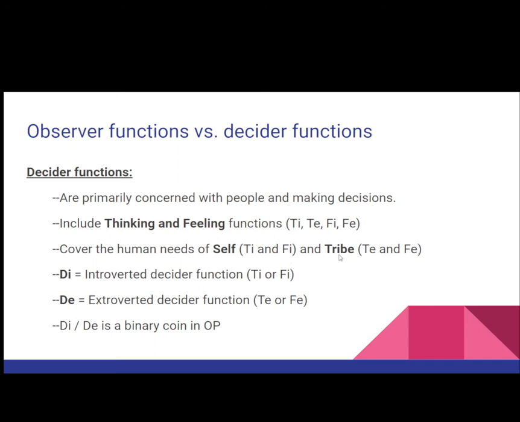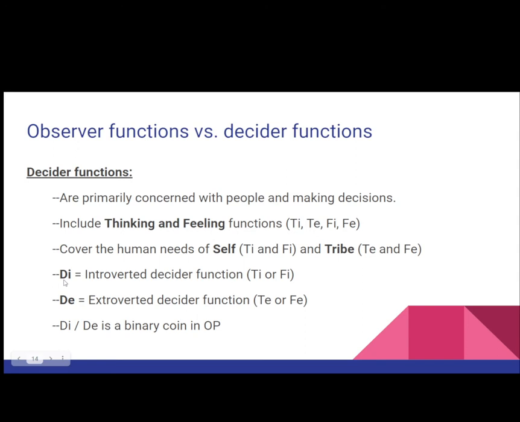And then the tribe functions are TE and FE. So TE is looking at the spectrum of logic and reasons of other people, what makes sense for people, what's going to work for people. And then FE is the tribe spectrum of human values.